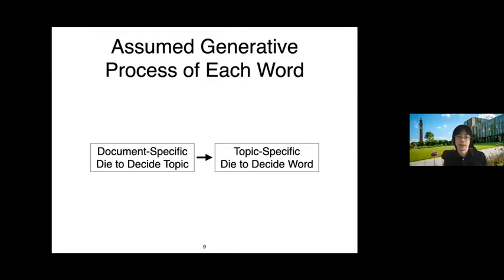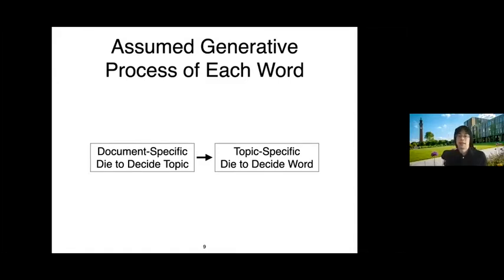And we then roll another die that is specific to the topic. And the face of the die we get determines the word that we observe. So this is how you assign a topic to each word in each document. That's what topic models do: they assign a topic to each word in each document. And this is the process that is assumed to underlie each word.